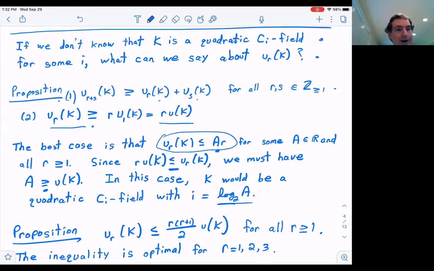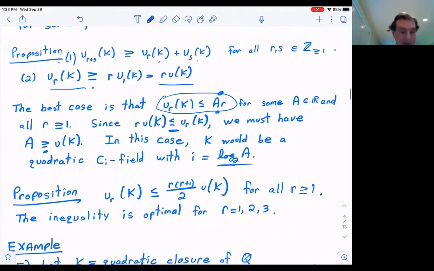There are no counterexamples known where we don't have this kind of linear growth. It's just that it's often very hard to determine. So it might be the case that there's always some constant a where this inequality holds for a given field. We don't know.